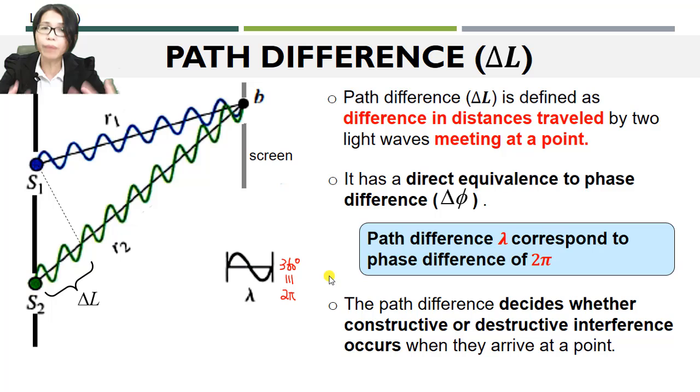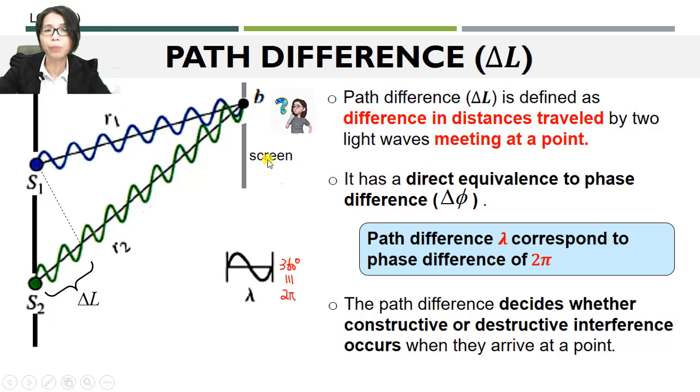So class, why must we know about the path difference? Path difference will decide whether we obtain a constructive or destructive interference when they arrive at a point. So at point B, are we going to observe a constructive interference, or a destructive interference?